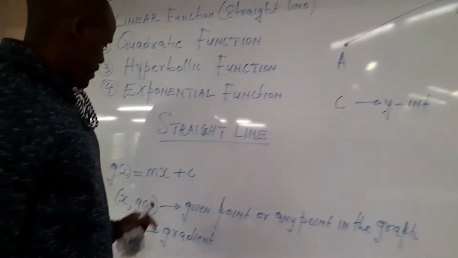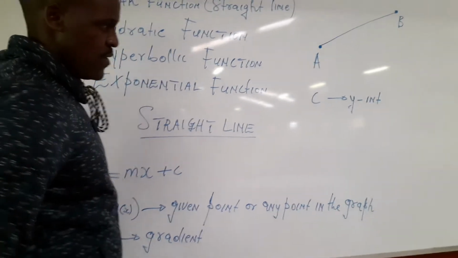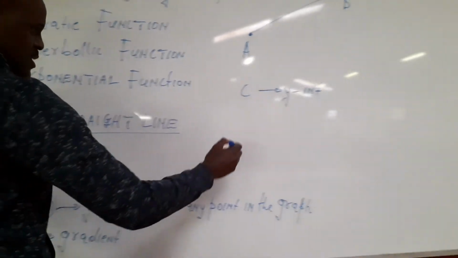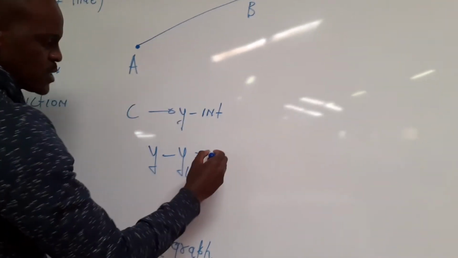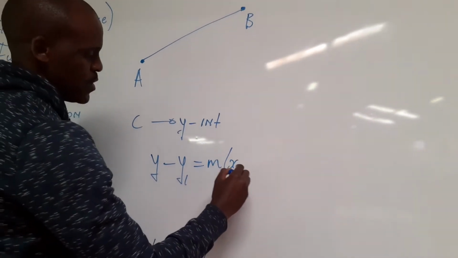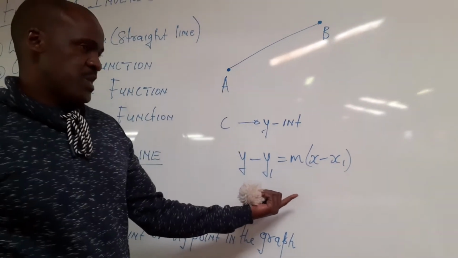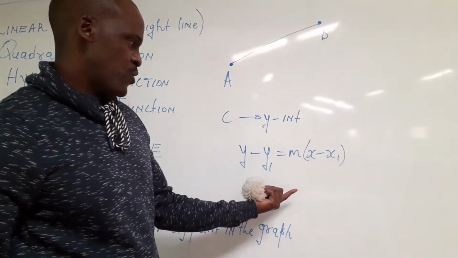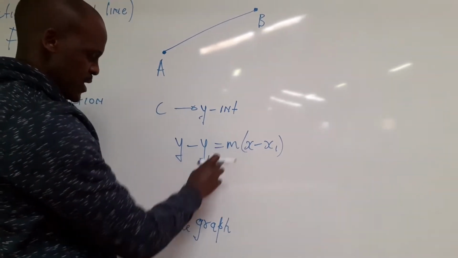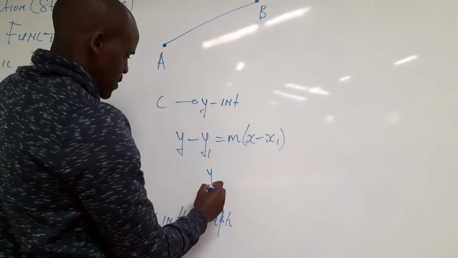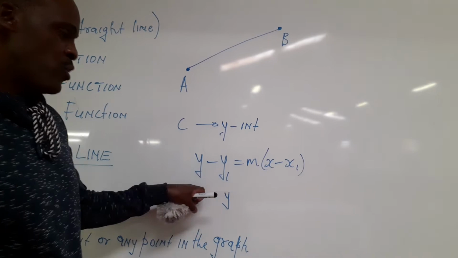As we have mentioned, this is an equation of a straight line, in standard form. There is also this one: y minus y1 equals m into x minus x1. Again, this is the equation of a straight line, where m is the gradient. Normally we use this in most cases where we talk of a tangent.